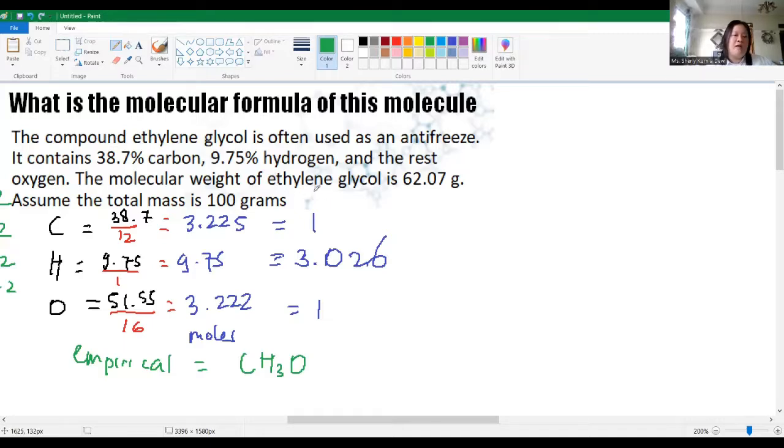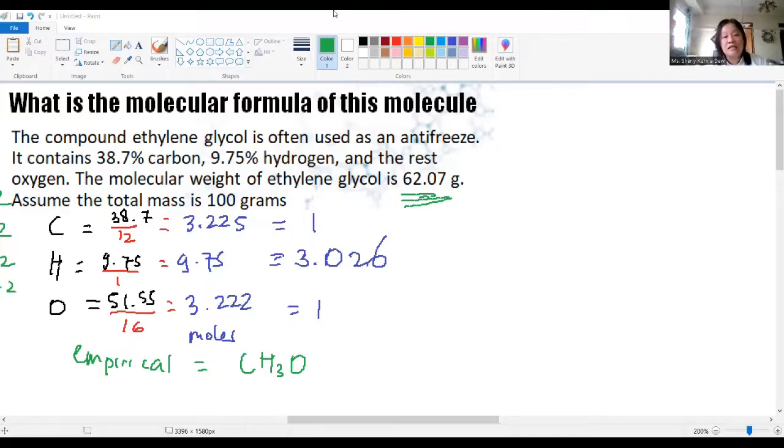Okay, this is the addition. The molecular weight of ethylene glycol is 62.7 gram. Actually, this is the MR. For this case, this is the MR, not actual gram, but it's like AU, atomic mass unit.